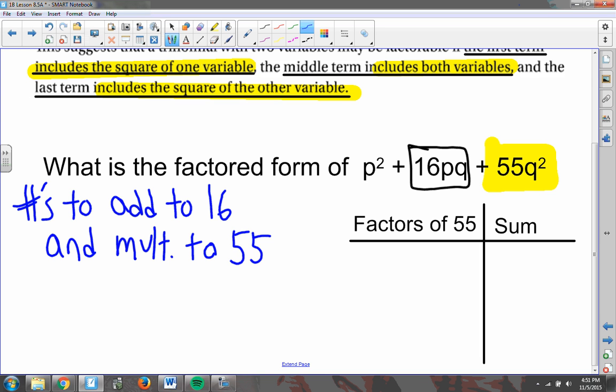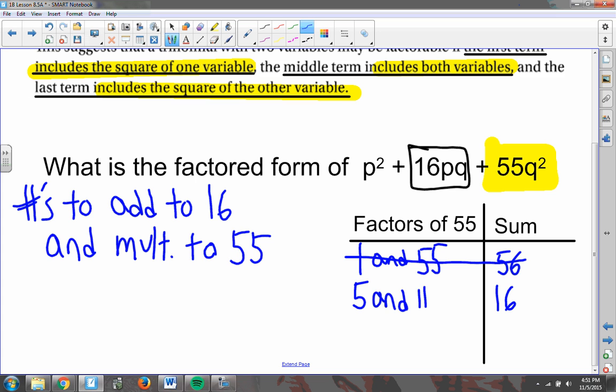The first factors I know would be 1 and 55. They add up to 56. That's not what I wanted. Let's see. I could also put 5 into 55. I think that goes in 11 times. 5 and 11. Oh, yep. They add up to 16. That's exactly what I want. Put a big check mark.